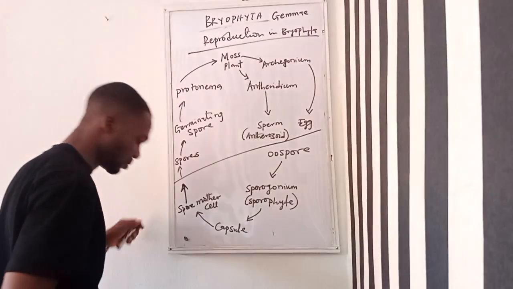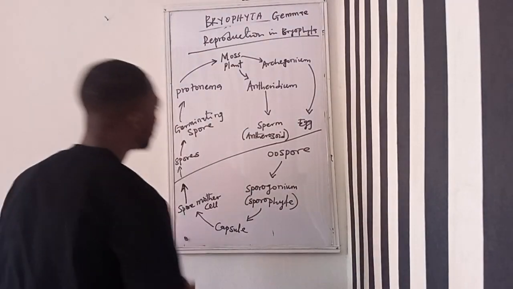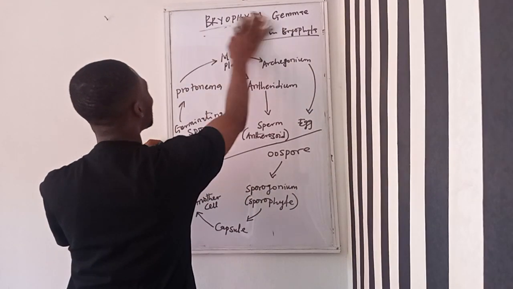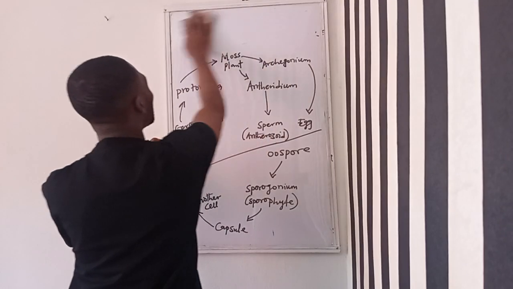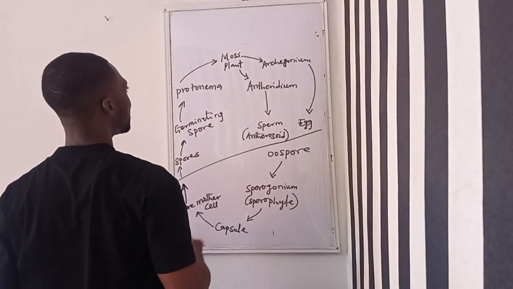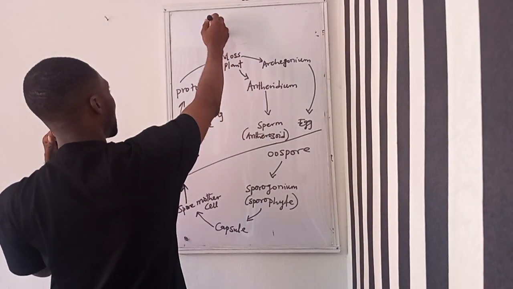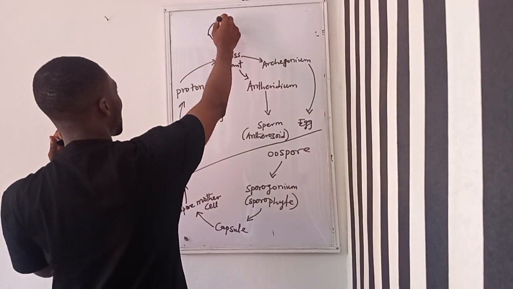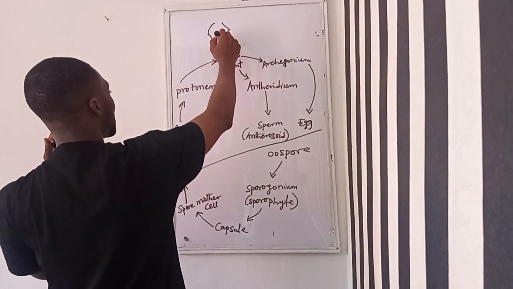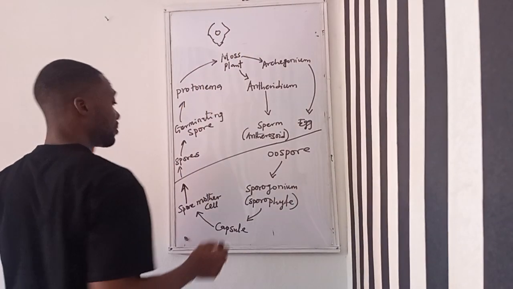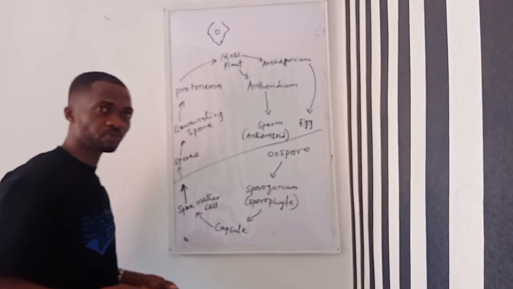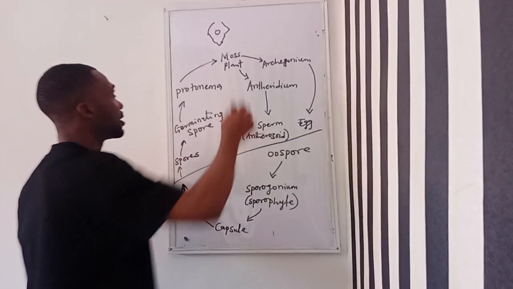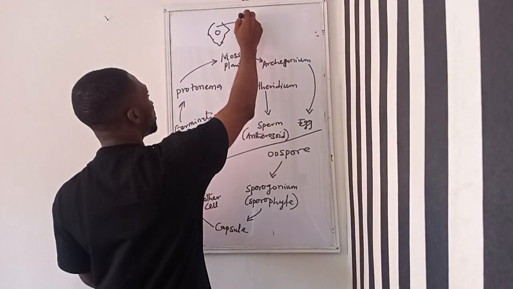But it's important you know that the inside of the archegonium contains a chemical that's called the mucilage.